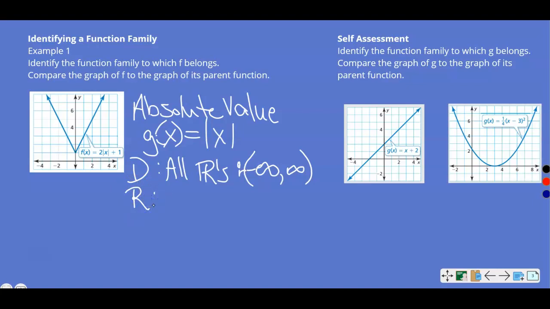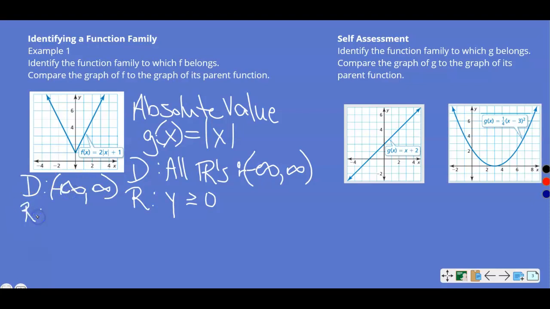The range of the parent function is all y's greater than or equal to 0. But for the transformation f of x, you can see it's been shifted up 1. The domain is still going to be all real numbers. That's an infinity sign there if you can't read my handwriting.